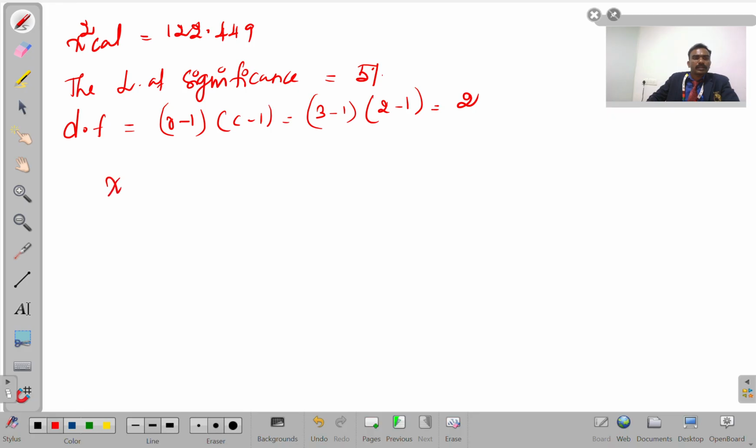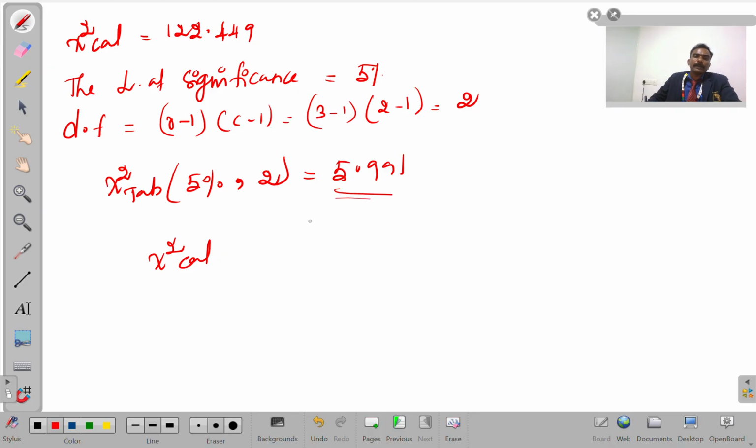So the chi-square table value for 5% and 2 degrees of freedom is 5.991. Then compare the calculated value and the table value. The chi-square calculated value is 122.449 and the table value is 5.99.